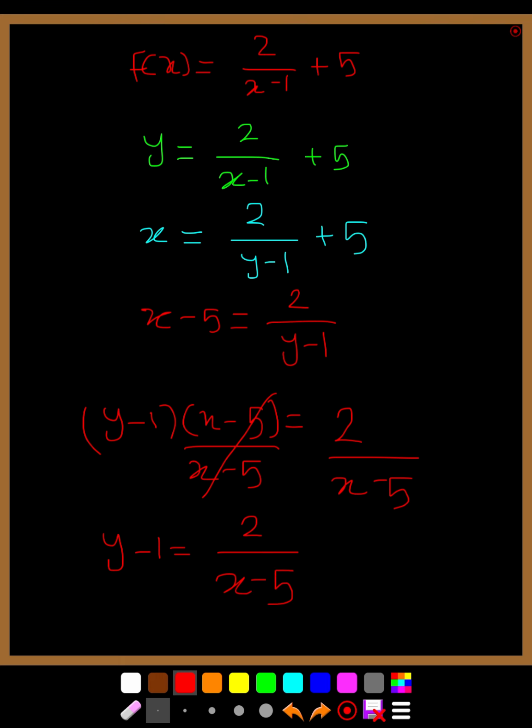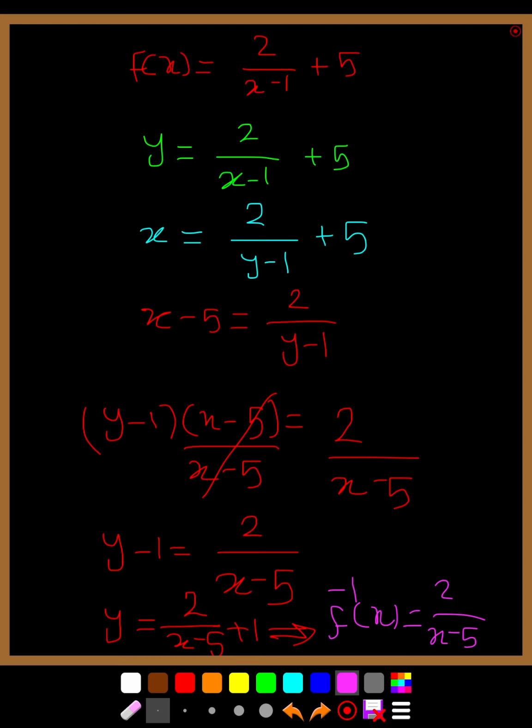What you will do after, shifting the 1 to the other side, so you have y equals 2 over x minus 5 plus 1. Okay, and we are going to write f inverse of x equals 2 over x minus 5 plus 1.